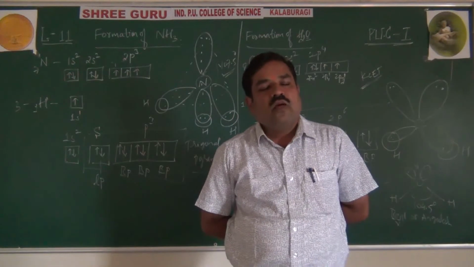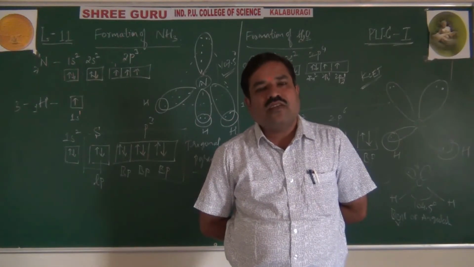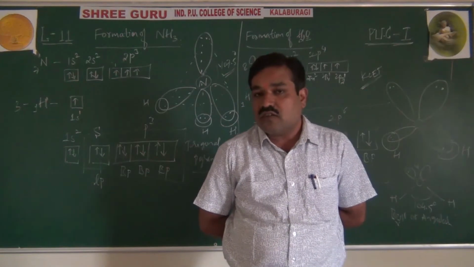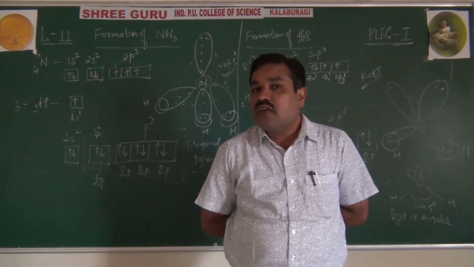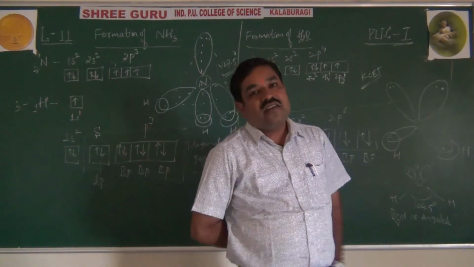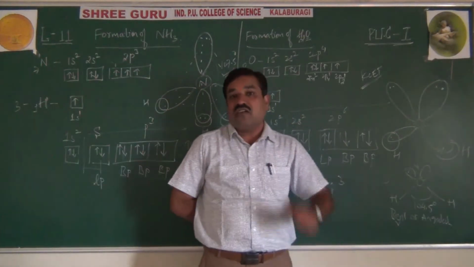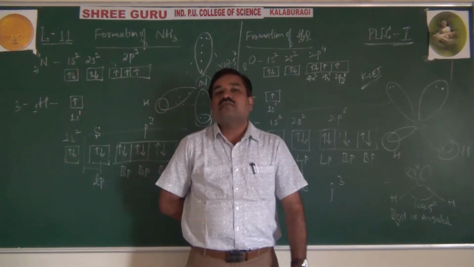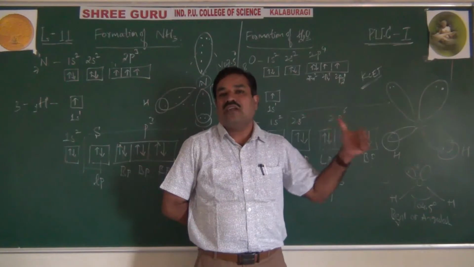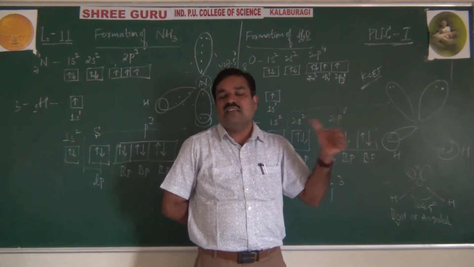No doubt, valence bond theory was given to explain the shape of molecules, especially polyatomic molecules, because it was not explained by Lewis theory. Even Lewis theory does not answer about shape, but regarding shape, distortion in the geometry is explained by valence shell electron pair repulsion theory, VSEPR theory.